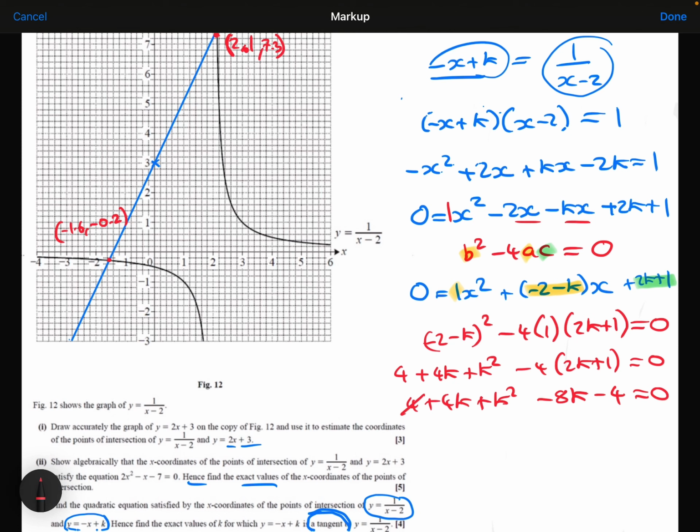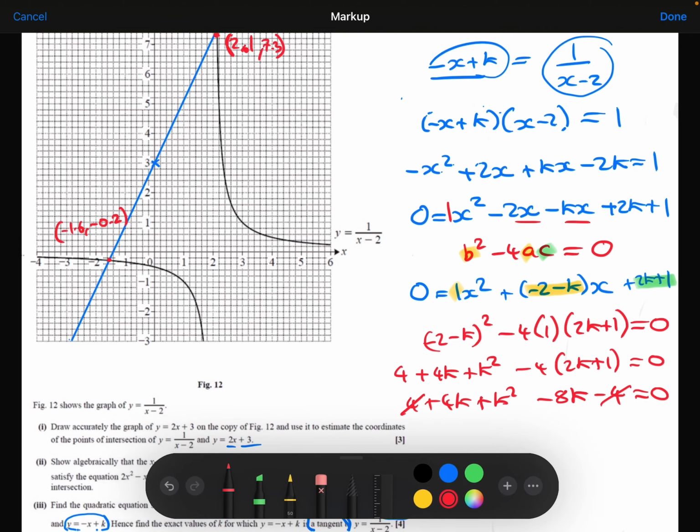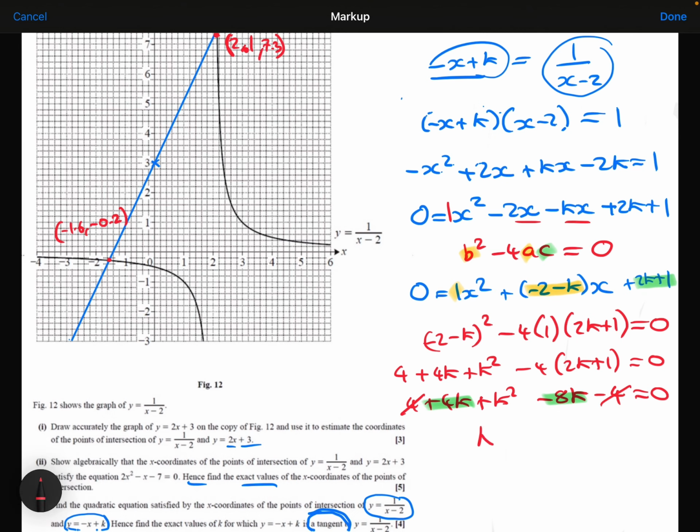Now we can see that these 4s cancel out. The 4k minus 8k is going to be minus 4k. I can now factorise the k outside.